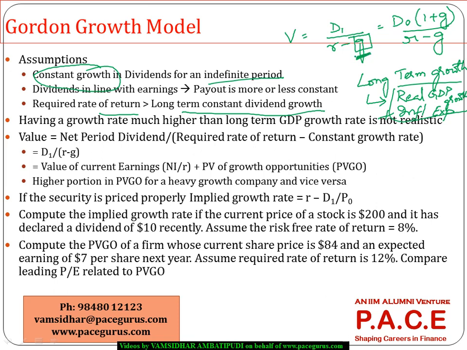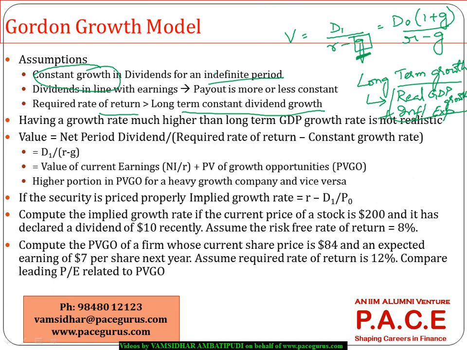It cannot be more than the long-term GDP growth rate, because in reality it is very difficult for a company to constantly exceed the real long-term GDP growth rate for an indefinite period.